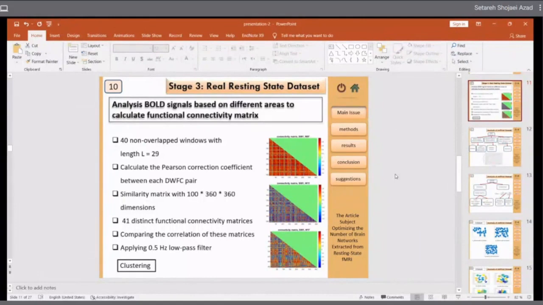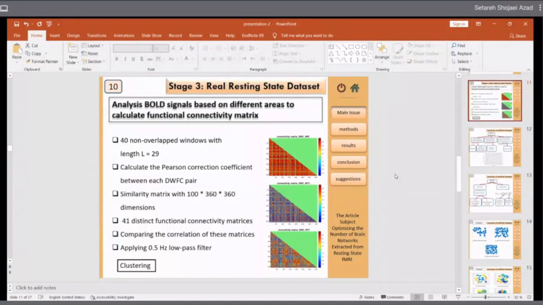A similarity matrix is obtained by the Pearson correlation coefficient between each pair of dynamic functional connectivities.